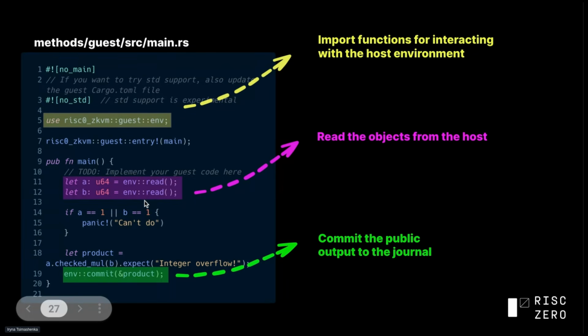And then we also need to commit to the journal through this guest environment. We commit the product that we computed. Please note that whatever you commit to the journal is public. So be careful what information you want to commit.